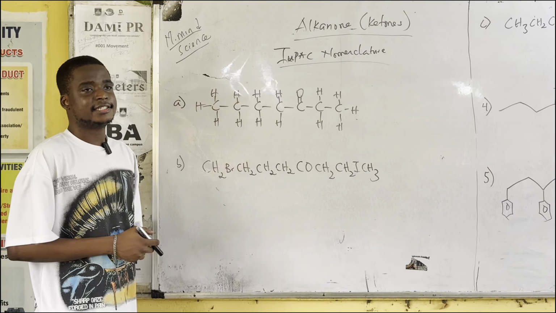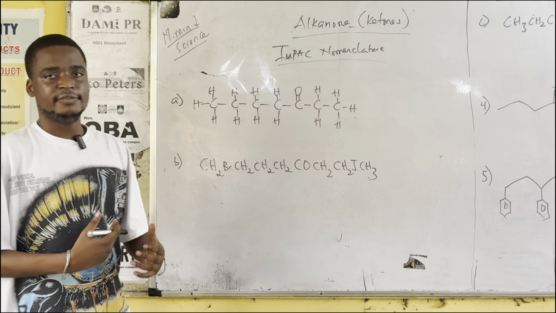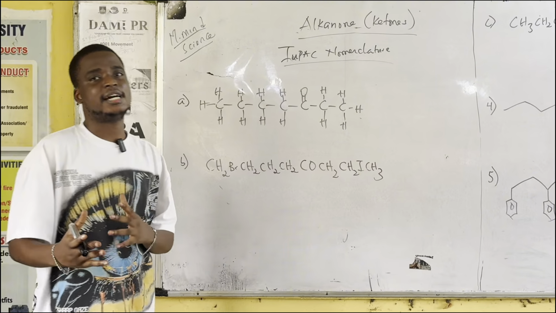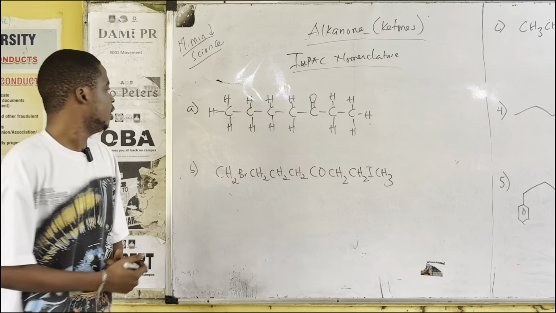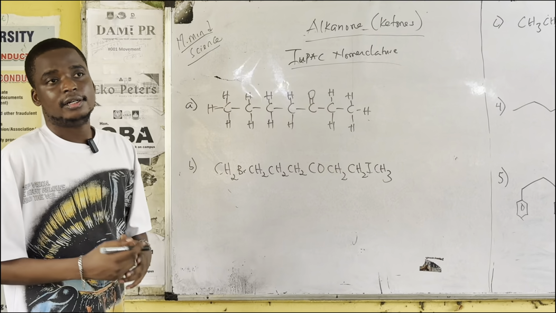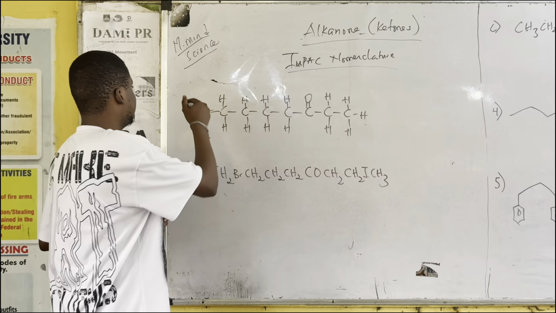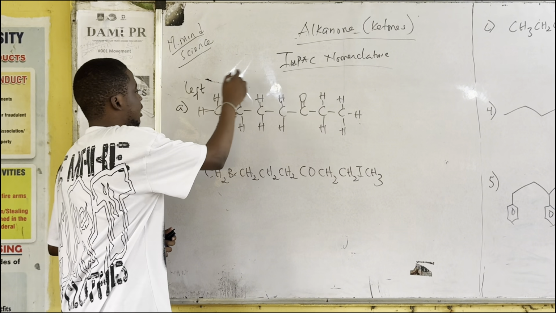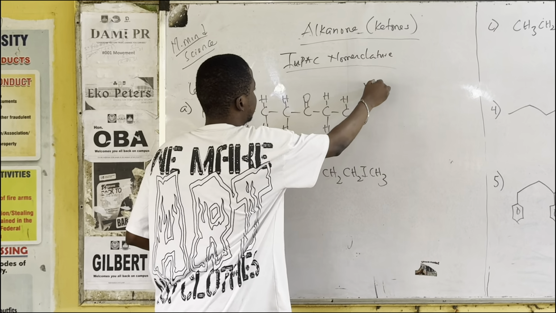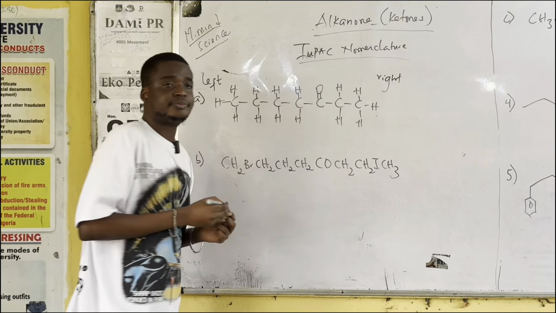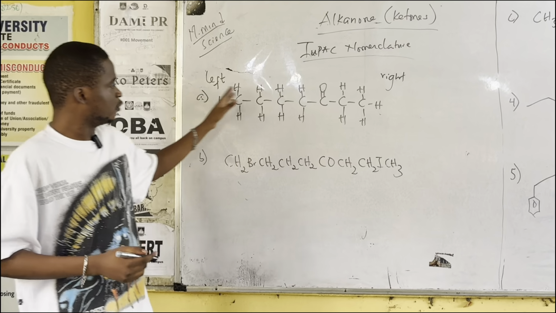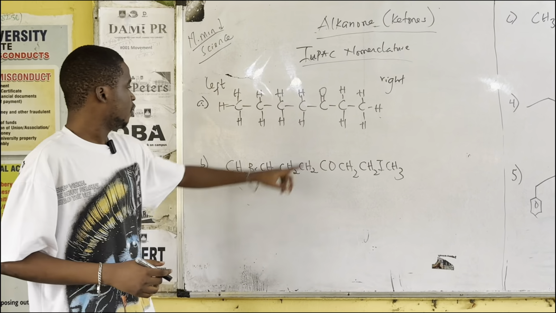The next thing is that the carbonyl group must be given its least possible number, either from left to right or right to left. Now, in your book, like labeling it, this is your left hand side and this is your right hand side. Moving from left to right, let's see the position of this carbonyl carbon.